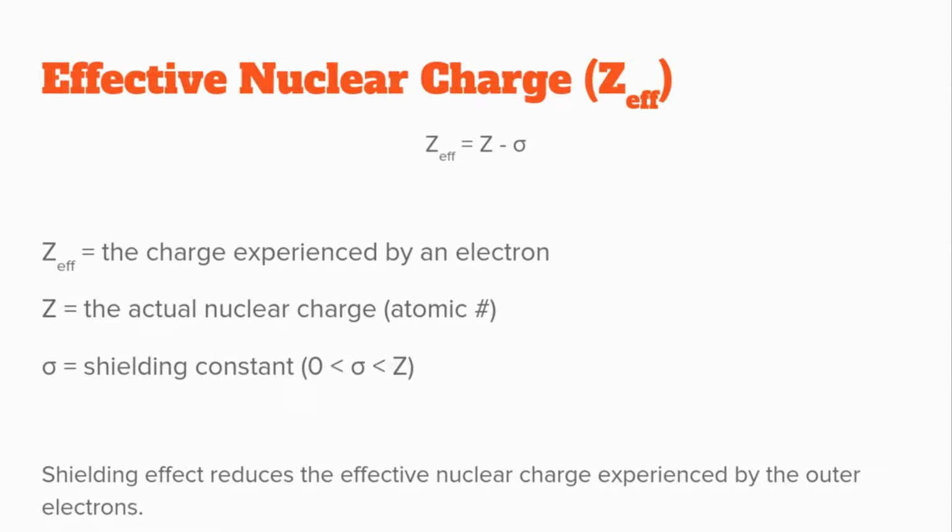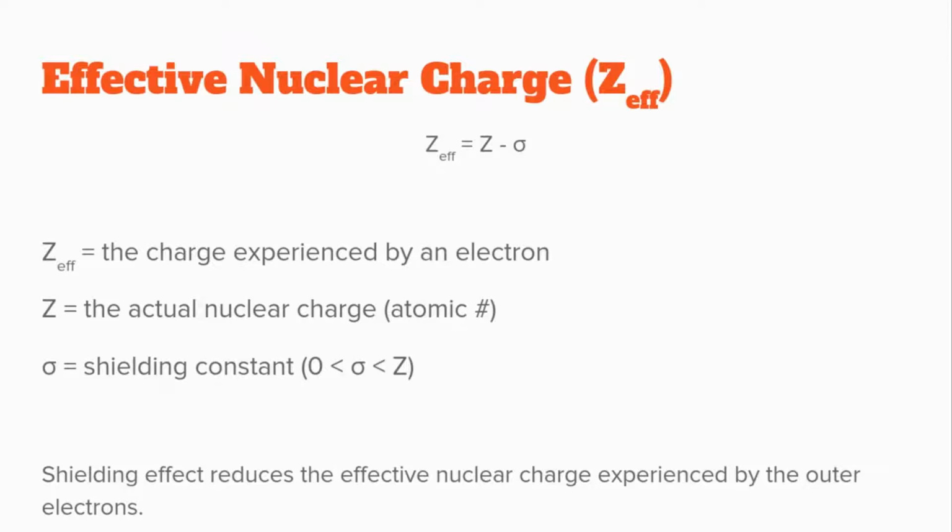We call this the effective nuclear charge. The symbol for that is Z and then EFF for effective. That's the actual charge experienced by the electron, taking into account the fact that it's being shielded by those other electrons. So Z is the actual nuclear charge, which comes from our atomic number, how many protons we have in the atom.